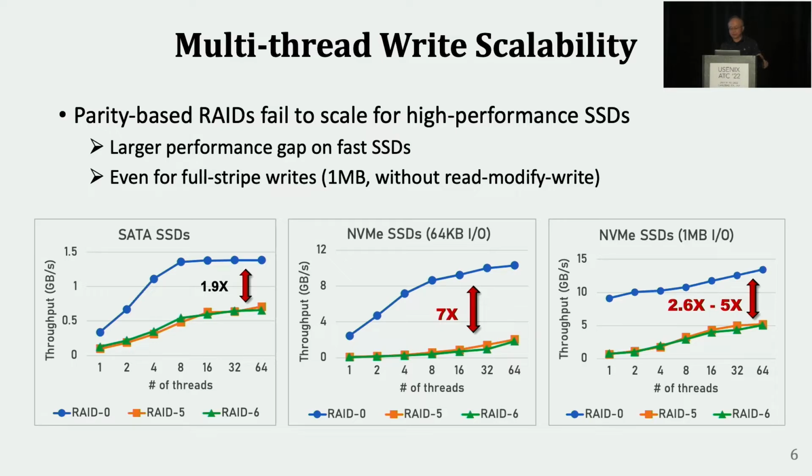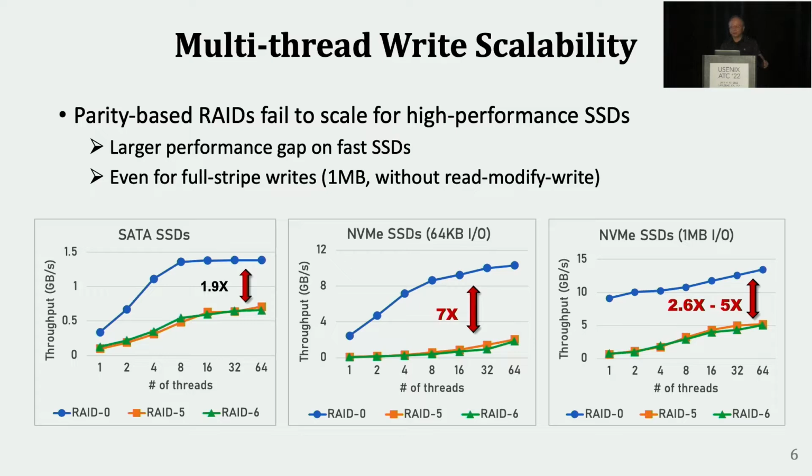In all the cases, the write performance and scalability of the non-parity RAID 0 far exceed those of the parity-based RAID5 and RAID6. Especially, parity-based RAIDs fail to scale for higher performance SSDs.